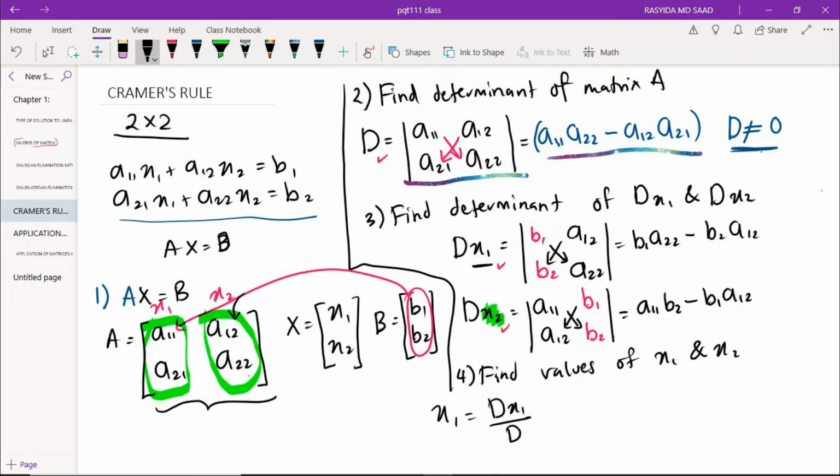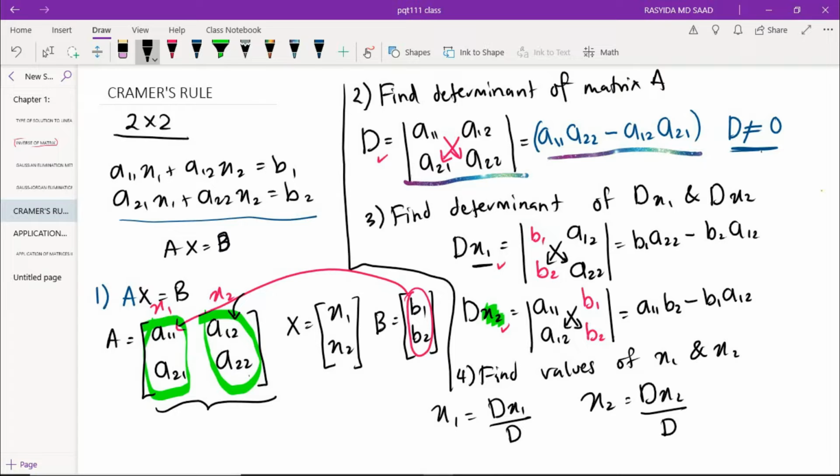So if x1 is equal to dx1 over d, then x2 will be dx2 over d. Then you will get the values of x1 and also x2.